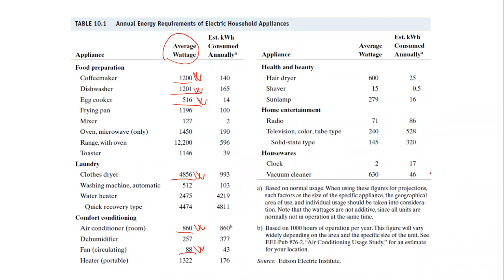And in order to calculate the energy, the energy is equal to the power multiplied by the time. The power usually is given in kilowatts and the time is in hours, and the result will be the energy in kilowatt hours.